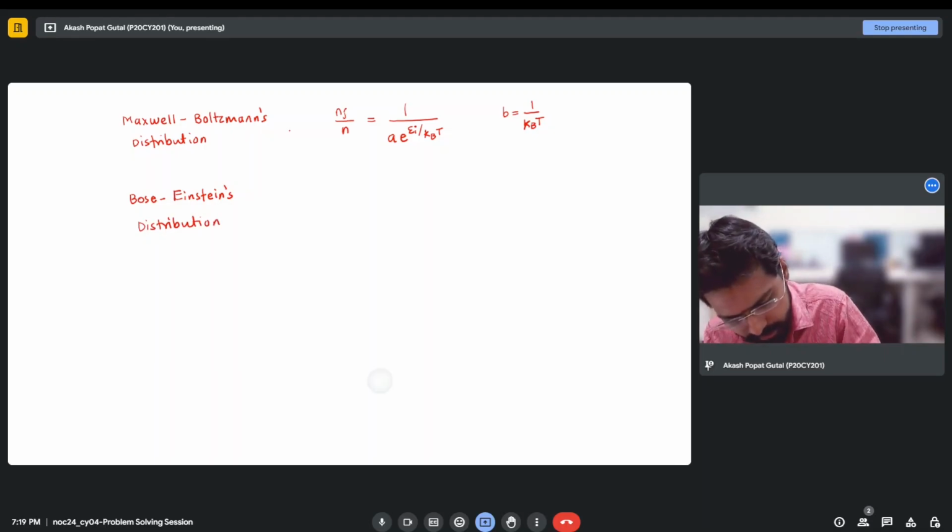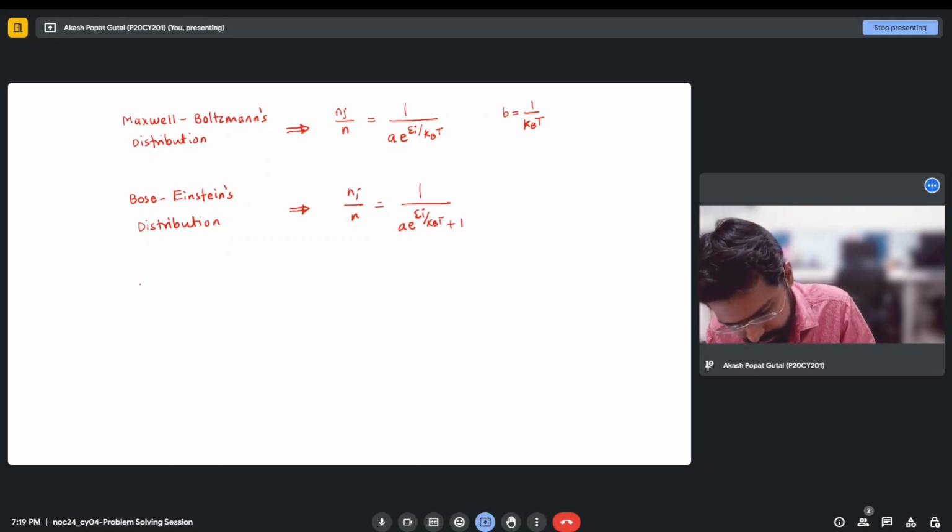Then the second distribution is the Bose-Einstein distribution, which is generally for bosons, which we have just written as 1 upon A into e raised to epsilon i divided by kBT minus 1.